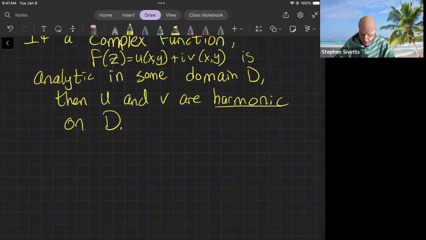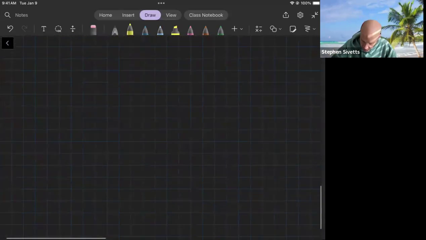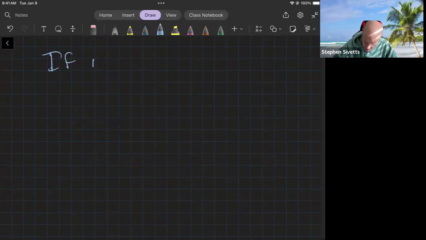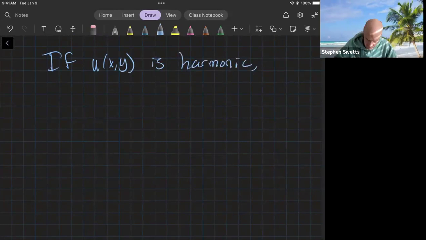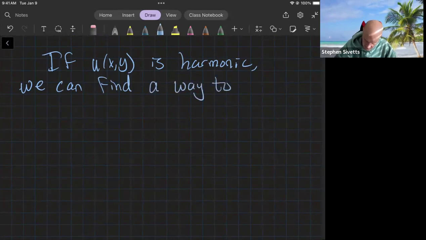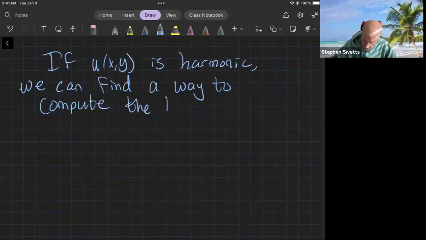And also, here's another important thing to mention. If u of xy is harmonic, we can find a way to compute what is called the harmonic conjugate.